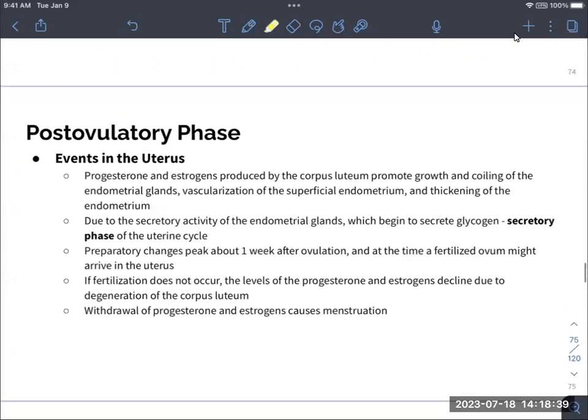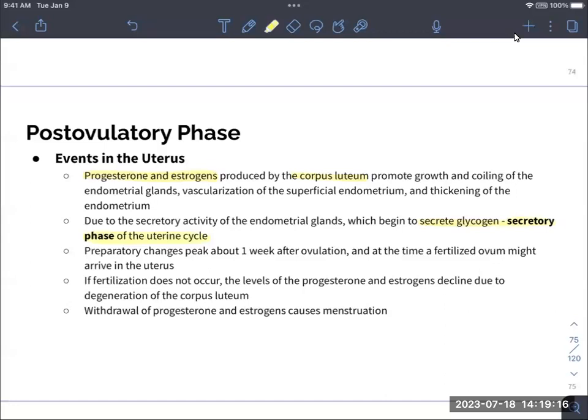So what's happening at the uterus during this post-ovulatory phase? Progesterone and estrogens that are coming from this corpus luteum are causing this endometrium to continue to grow thicker. The coiling of endometrial glands is being formed. And then the secretory activity in these endometrial glands, they start to secrete glycogen during this secretory phase of the uterine cycle.